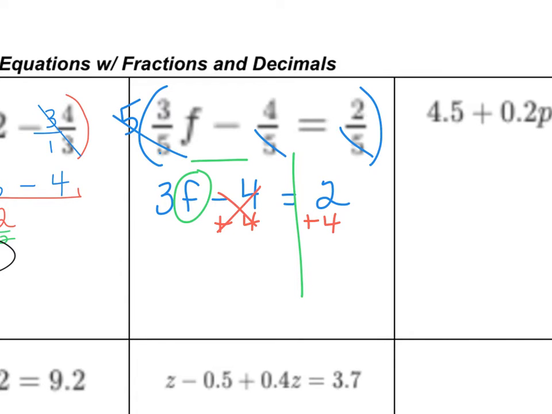That cancels out, and I'm left with 3f equals 6. Now I have multiplication. The opposite of multiplication is division, so I'm going to divide by 3. Divide by 3, that turns into 1f, and 6 divided by 3 is 2. Well, that was pretty easy with fractions, if we have the common denominator at the bottom.